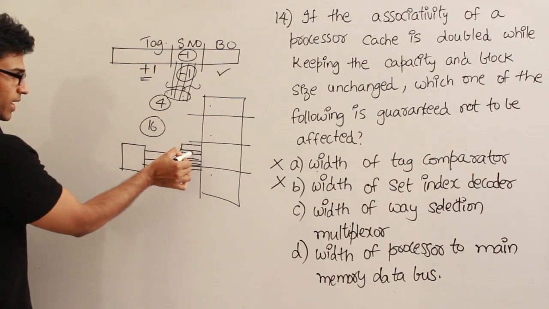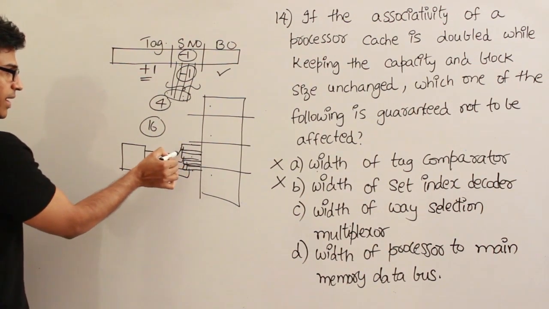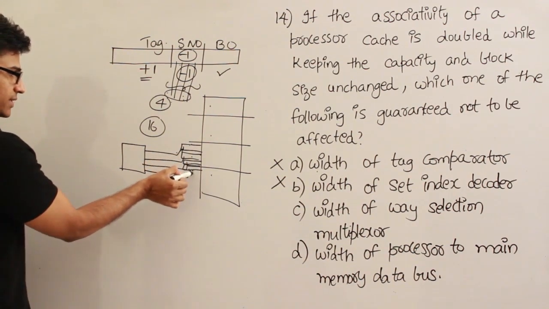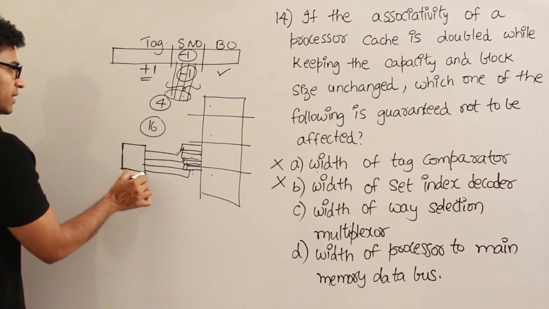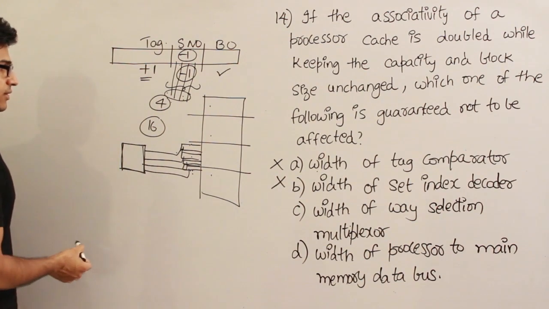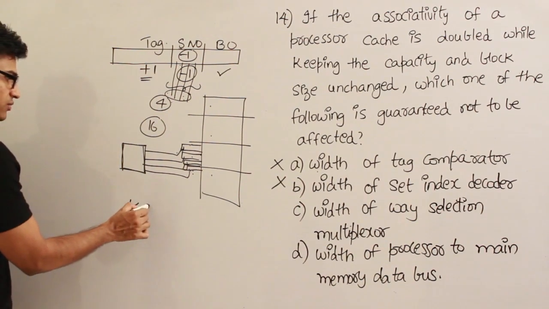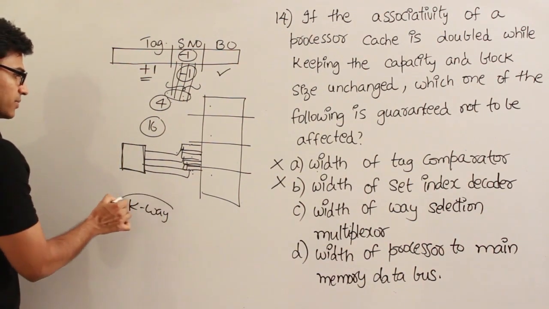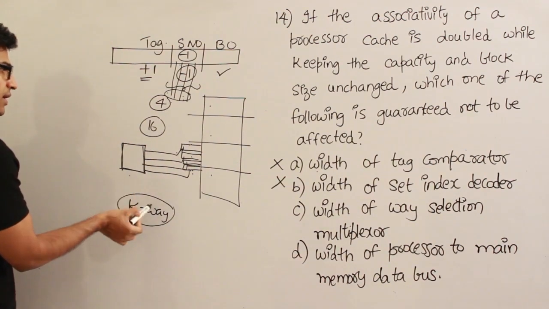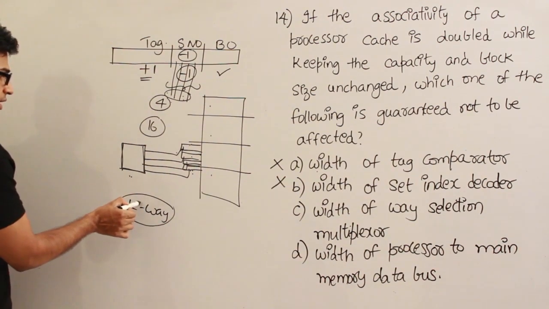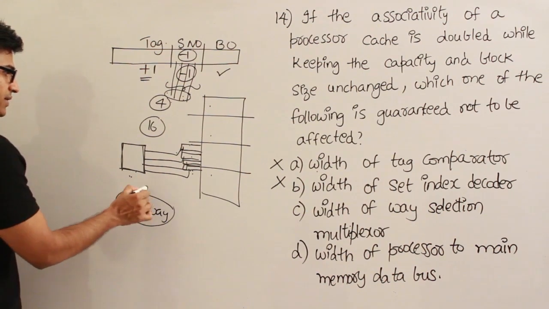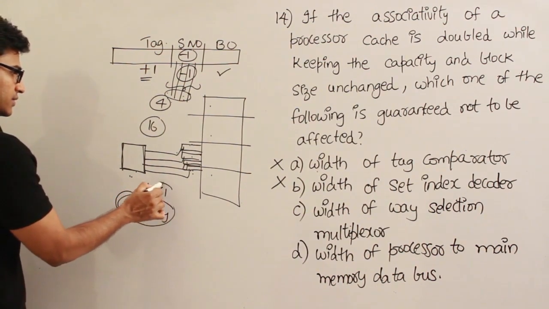Let us say if it has to parallelly check 4 tags, then the multiplexer size has to be 4 by 1. Now in a k-way set associative cache, what should be the size of each multiplexer? It has to parallelly check k tags, therefore multiplexer size will be k by 1, isn't it?